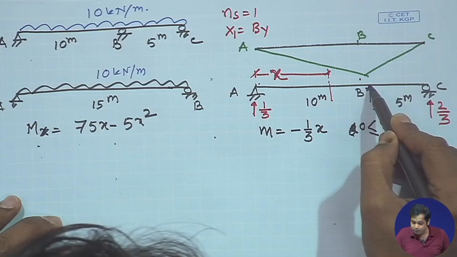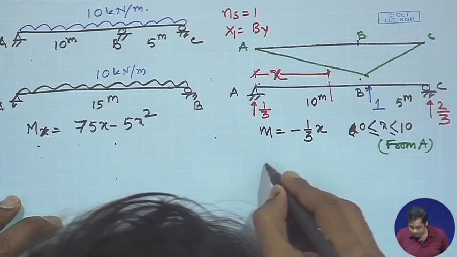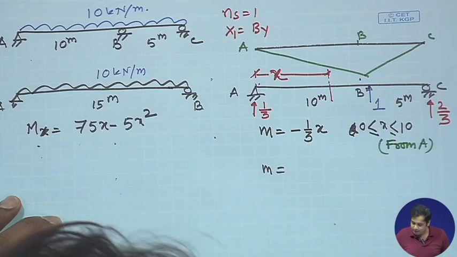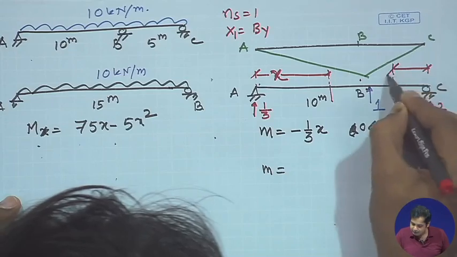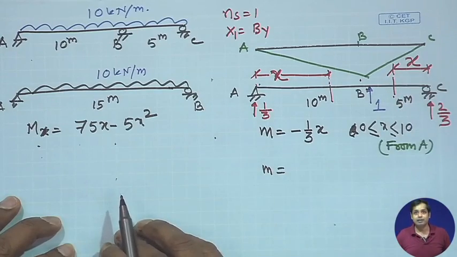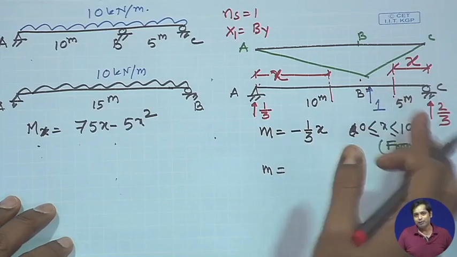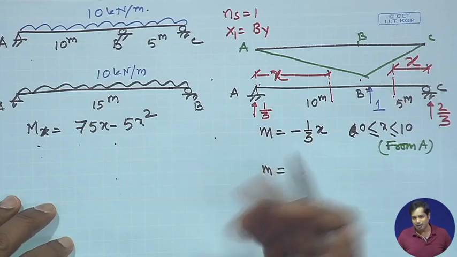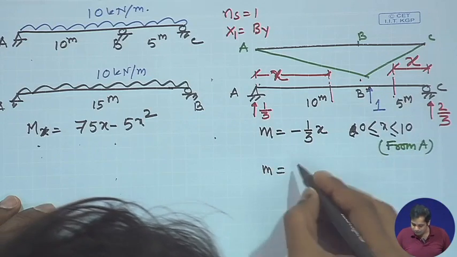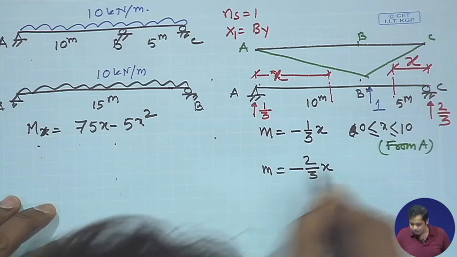So, bending moment between B and C will be m. In order to get that bending moment, take a section here, which is distance x, like this. We could have taken distance x from this support as well, but we will see that if we take distance x from C, this expression becomes simple, and this expression will be minus 2/3 of x.